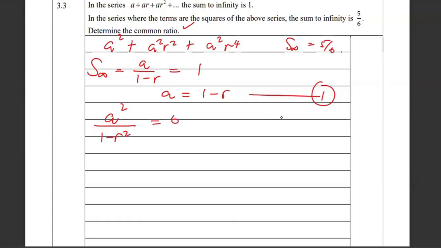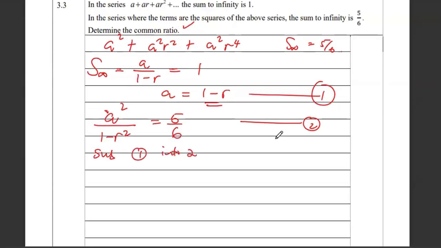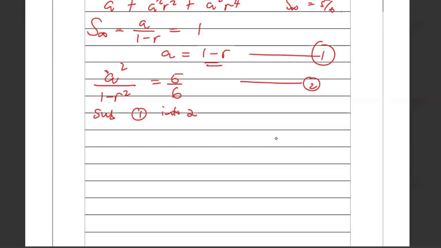This must give us 5 over 6. But our a is this, because this is now equation 2. So you're going to substitute equation 1 into equation 2. Okay? Meaning that it's 1 minus r, everything is squared, over 1 minus r squared gives us 5 over 6.